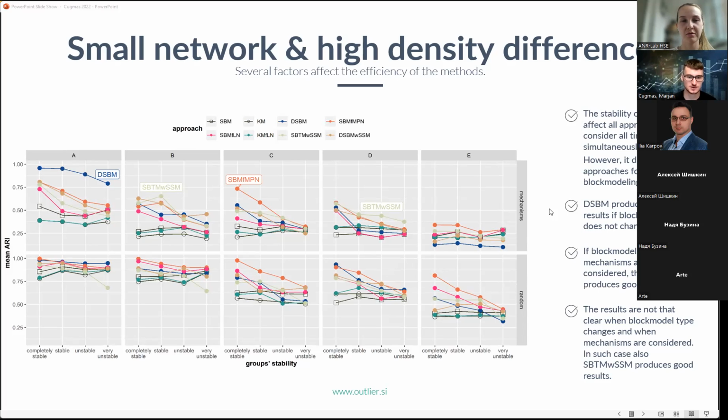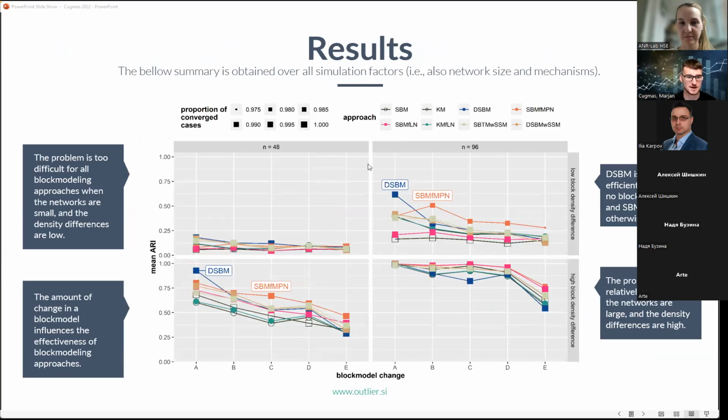For larger networks, you have better results. If you compare the results for small and large networks, you can see in both cases that values are larger in the case of larger networks, because you have more information to estimate the model.